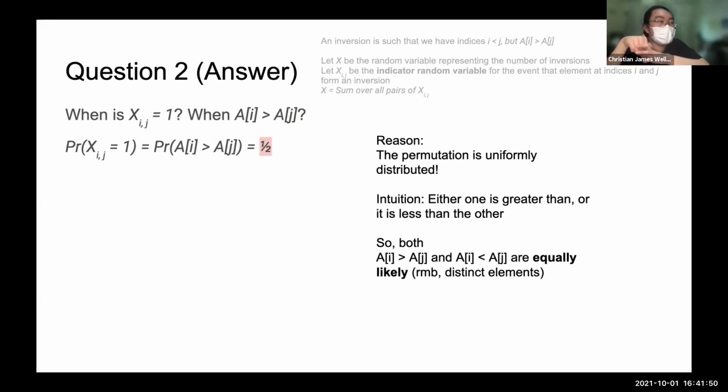The intuition is that either one element is greater than the other, or it is less than the other. Both a_i greater than a_j and a_i less than a_j are equally likely. And recall the input only has distinct elements, so you don't have to worry about the equality sign. So the probability that a_i is greater than a_j is half. Any questions about this?